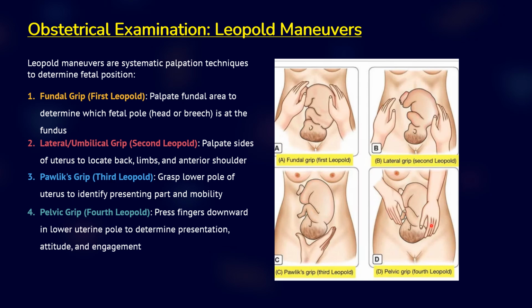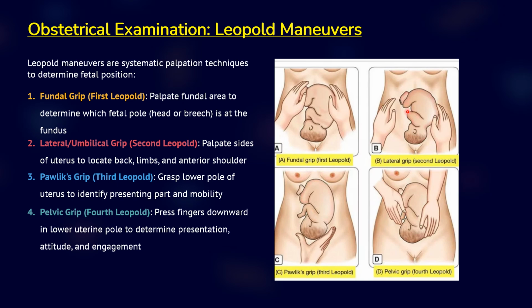Okay, so fundal grip, why do we do it? We do it to determine which fetal pole is present at the fundus. If it is the head, you'll feel round and hard. If it is breech, you'll feel round and soft. Okay, so next is the lateral grip. Here we try to locate the baby's back and limbs and anterior shoulder.